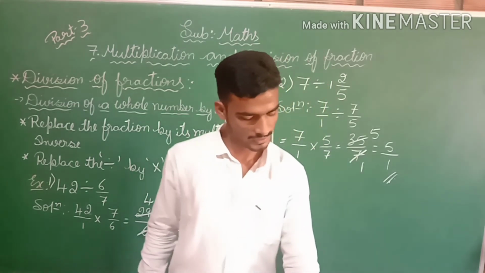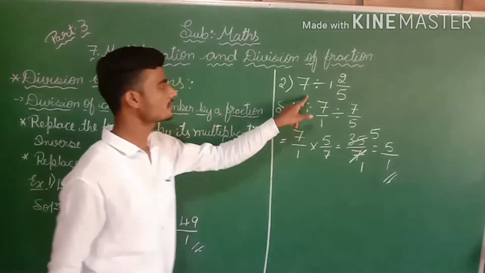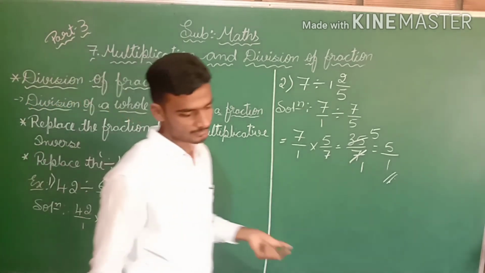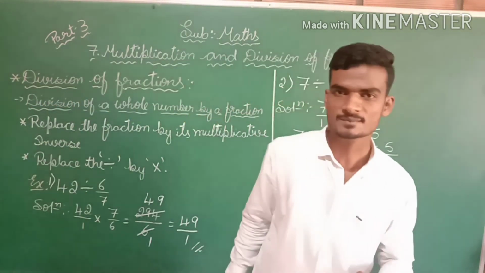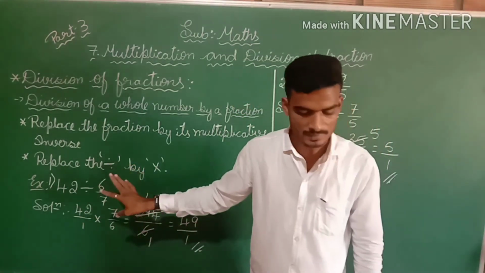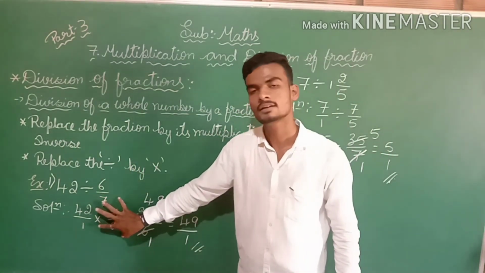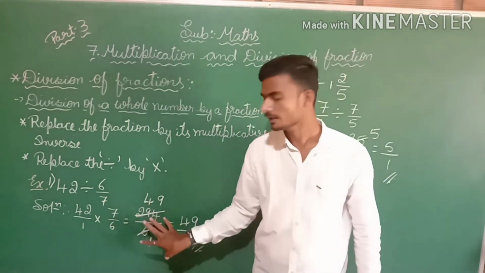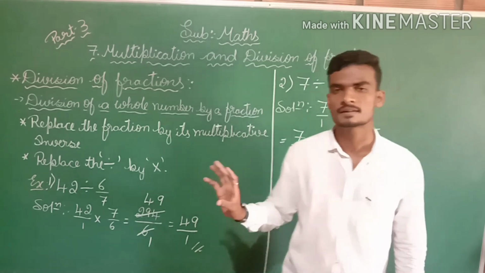In your textbook there are six problems. I have solved 2 problems. The remaining problems are similar. You have to follow these steps, then you can get the answers very easily.